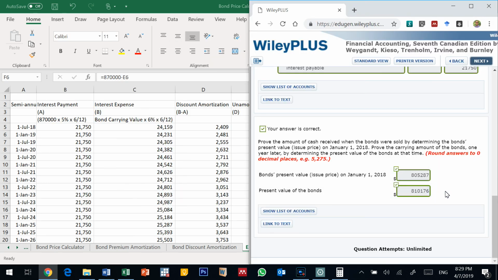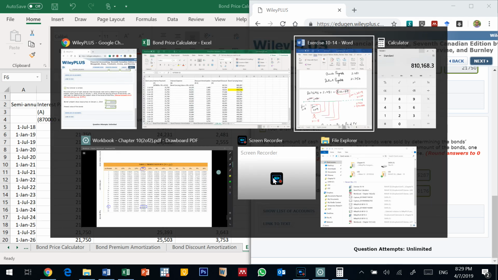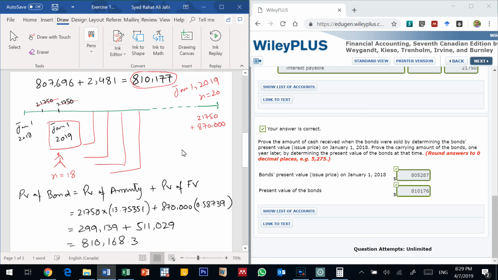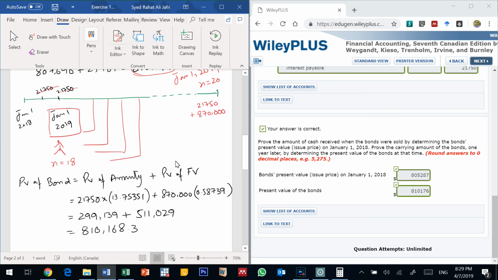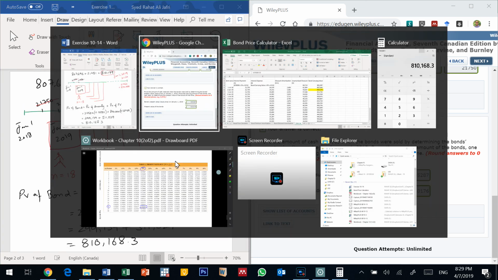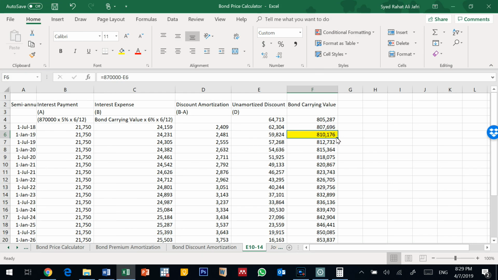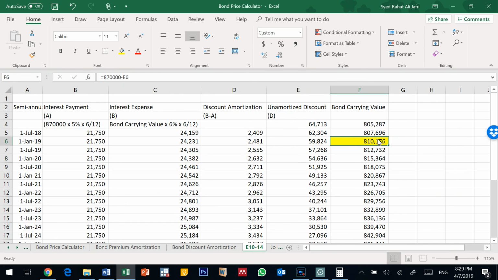So I think it has to do with the rounding errors that some of us are making. So try to use different methods. I have used my PV table method, my calculator and my Excel sheet. The Excel sheet worked the best for me. This is the accurate number that WileyPLUS has accepted.